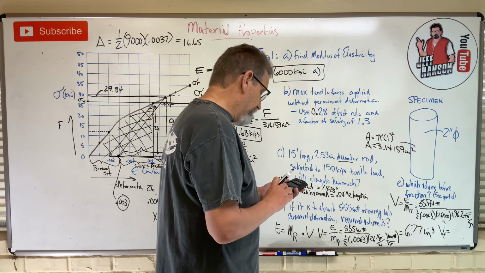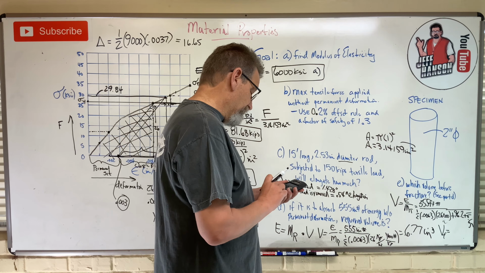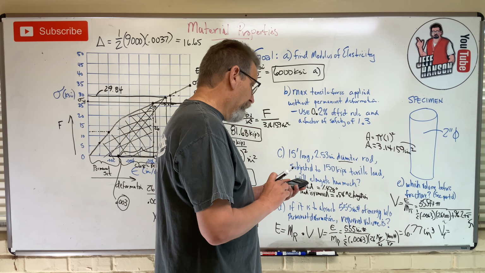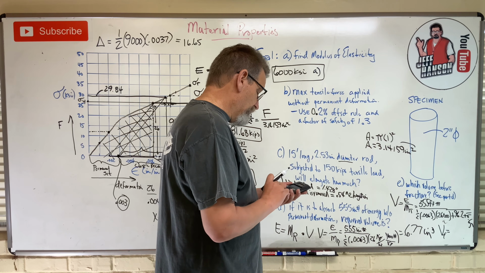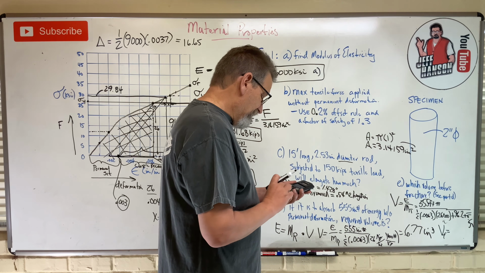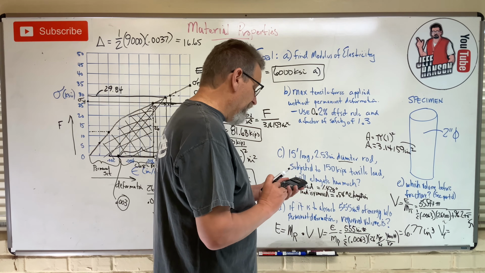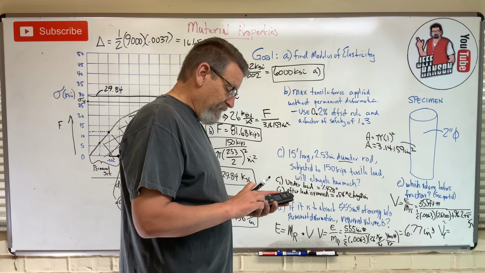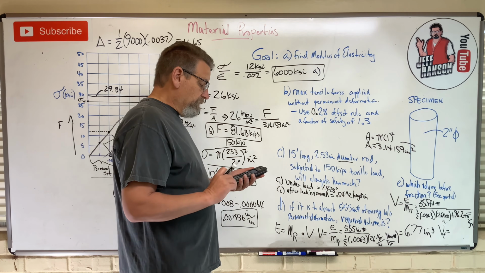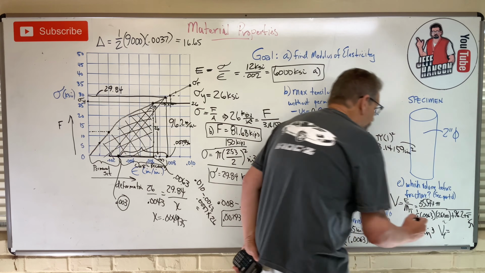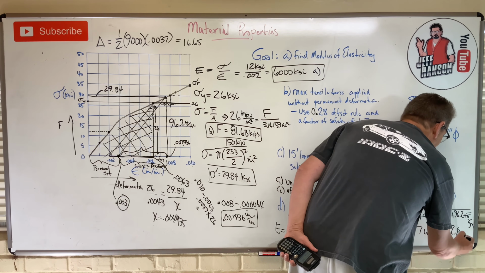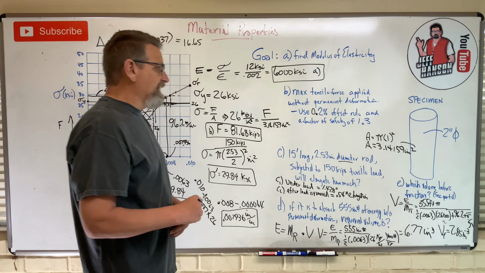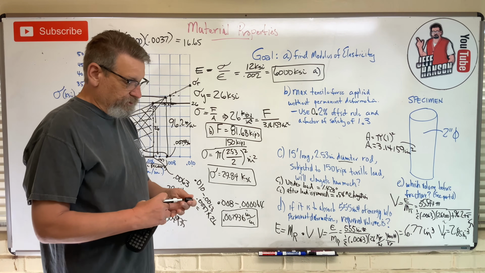So 0.5 times 0.0063 times 26,000 plus 96.2 plus 16.65 equals 194.75. And so 555 divided by answer equals 2.85. 2.85 inches cubed. That's the volume of material I need to keep from fracturing while absorbing that much energy.